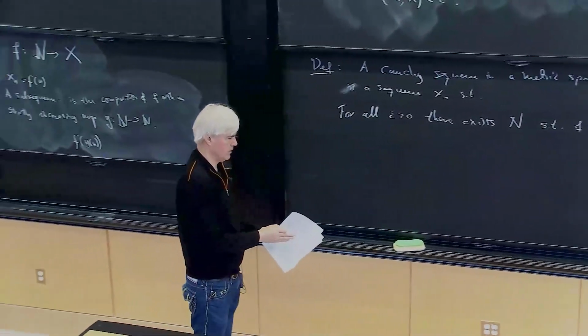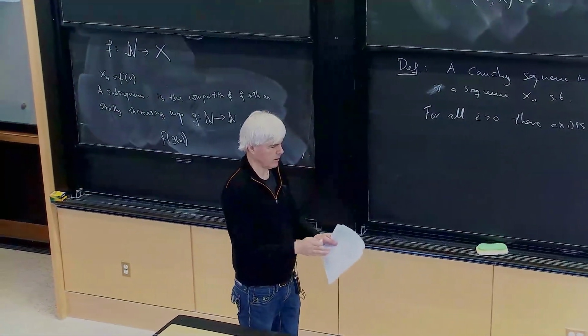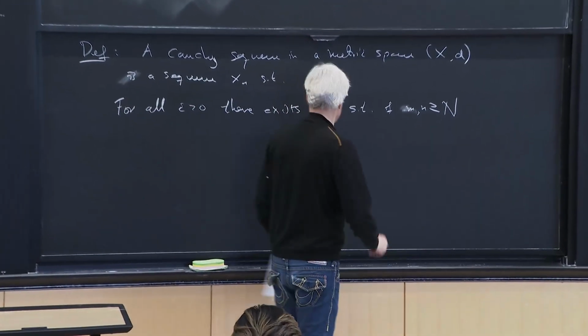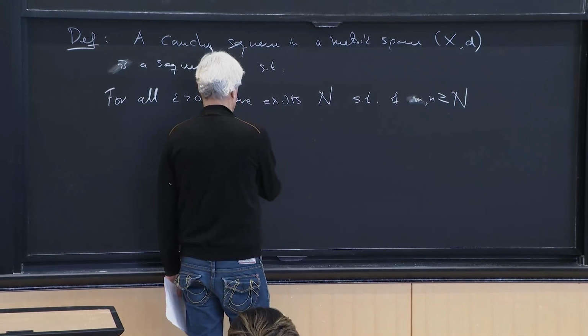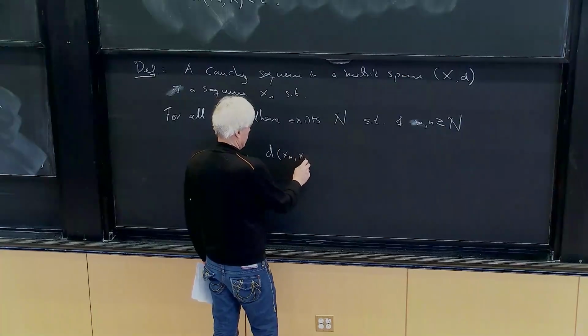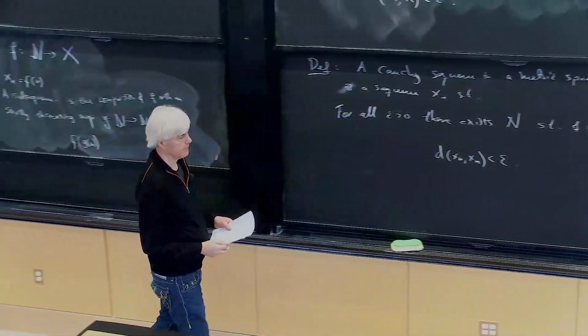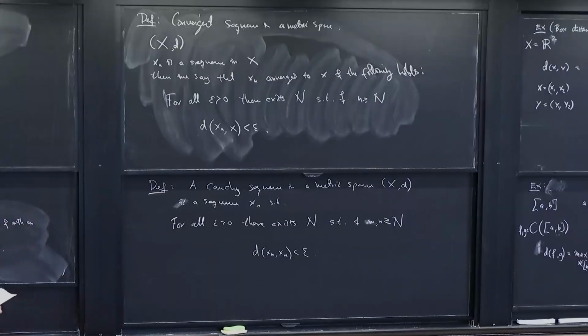Remember that a Cauchy sequence means that the tail is bunching together. So if you are sufficiently far out, then these elements x_n and x_m are epsilon-close together. So this is what it means for a sequence to be a Cauchy sequence.